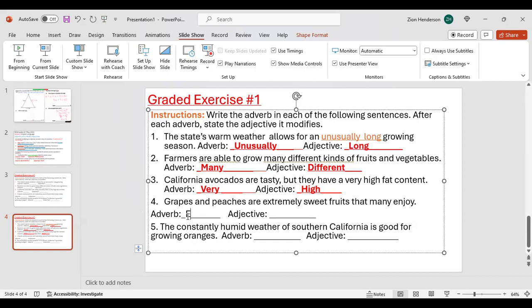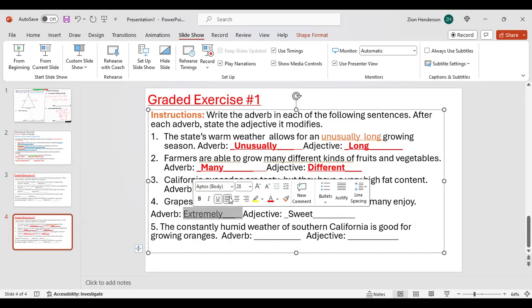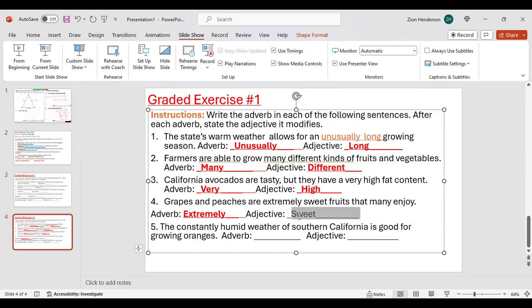How many persons got that? I did. Very good.